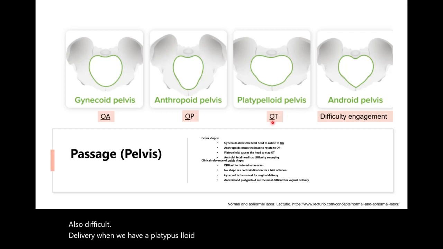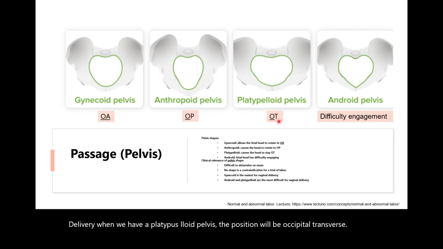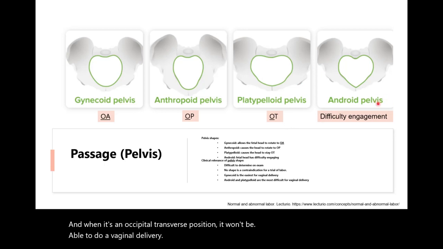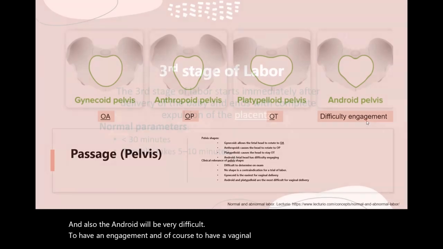The position will be occipital transverse. And when it's an occipital transverse position, it won't be able to do a vaginal delivery. And also the android will be very difficult to have an engagement and of course to have a vaginal delivery also.